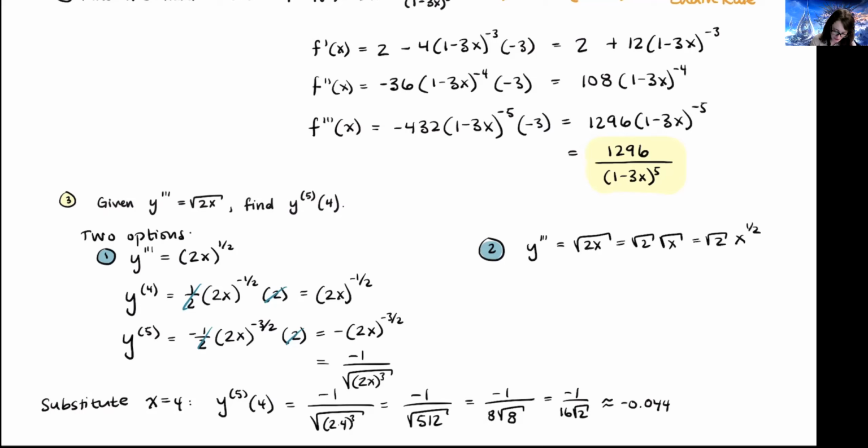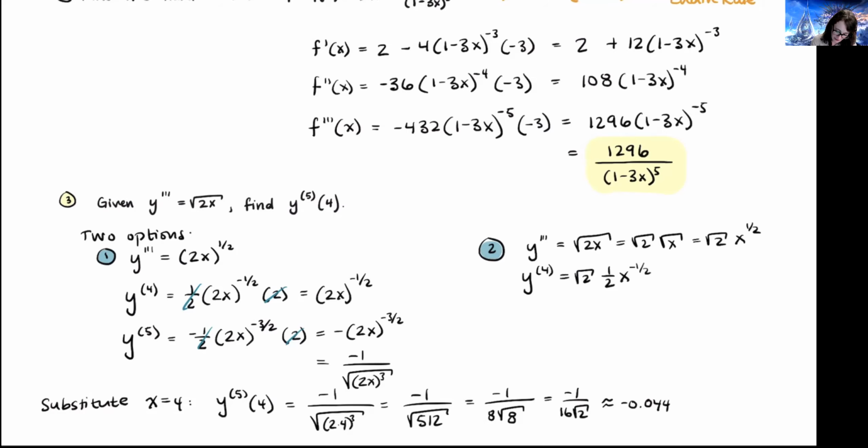Okay, so now when you find the derivative of this, that radical 2 is a constant multiple. So that will multiply by the derivative of x to the 1/2, and that'll be 1/2 x to the negative 1/2. So another way to write that would be radical 2 over 2 times x to the negative 1/2.